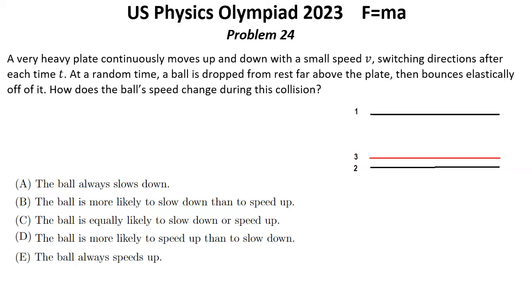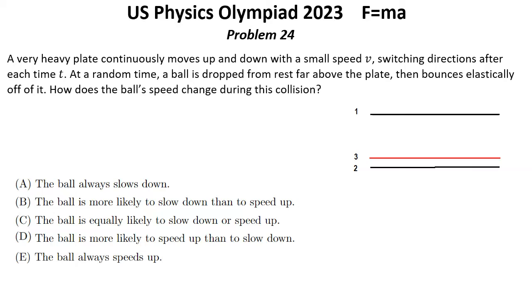And when the plate is going from position 3 to position 2, still down, the ball has no time to reach it. So it means that during the time when the plate is going from position 3 to position 2 and from position 2 to position 1, our ball will collide with the plate when the plate is going up.